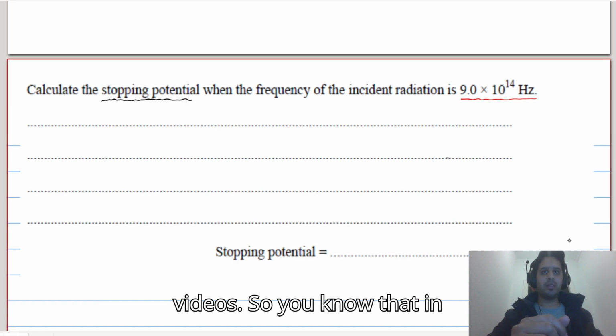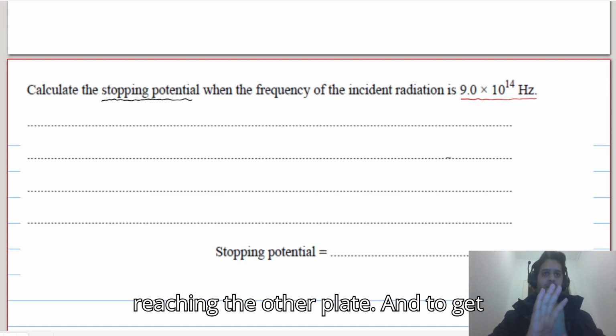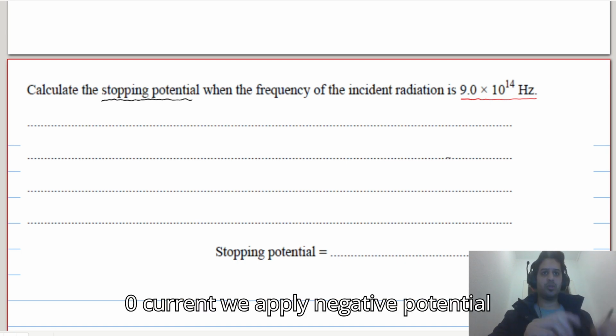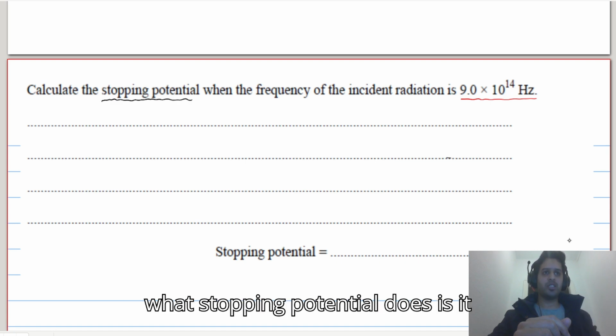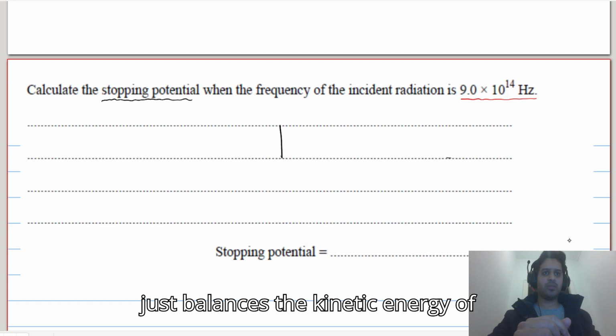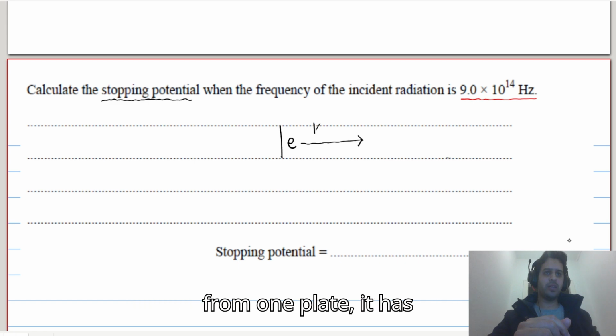So you know that in order to stop the electron from reaching the other plate and to get 0 current, we apply negative potential, which we call stopping potential. And what stopping potential does is it just balances the kinetic energy of the electron. So the electron is moving from one plate.